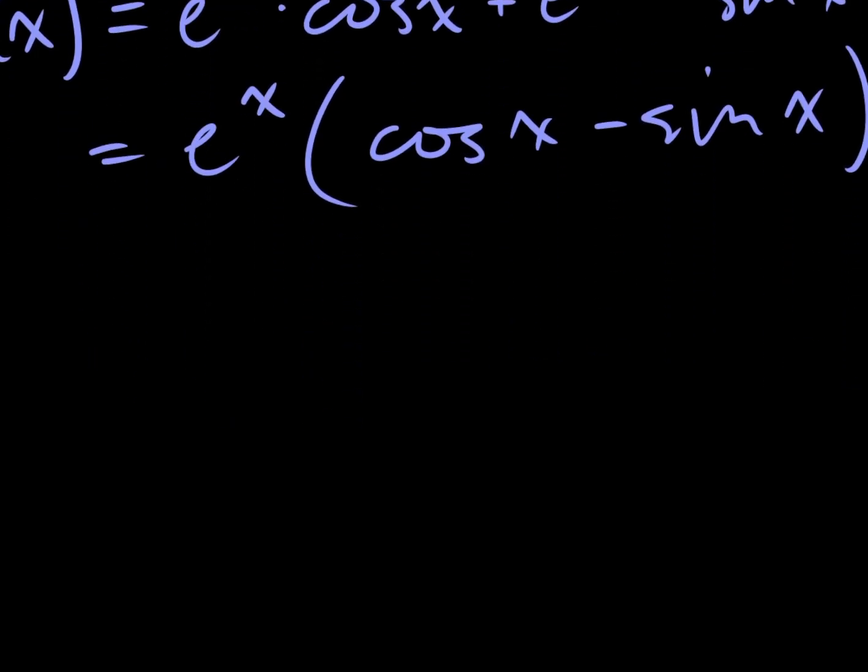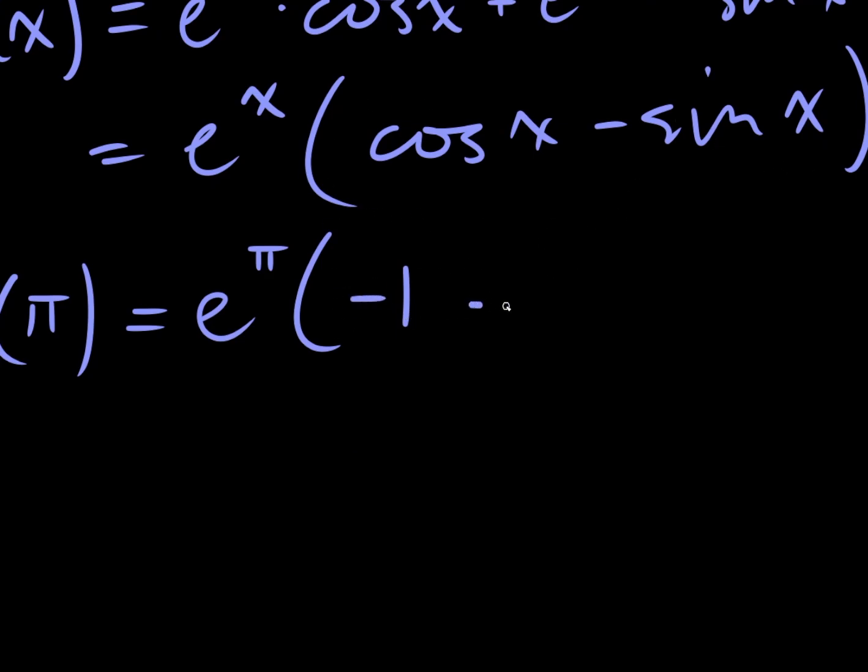Alright, so now we would have to plug in for x equals pi to find the slope. Look at that, e to the pi, cosine pi, we found earlier, is negative 1, minus 0. We get that this should be negative e to the pi.